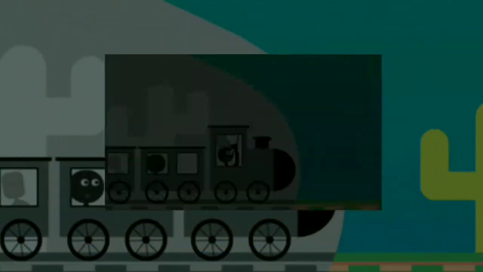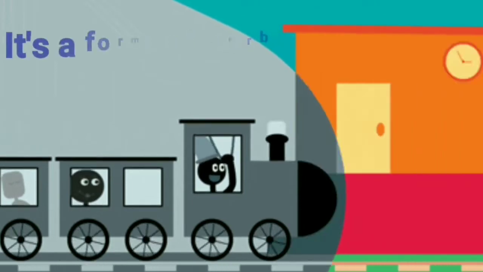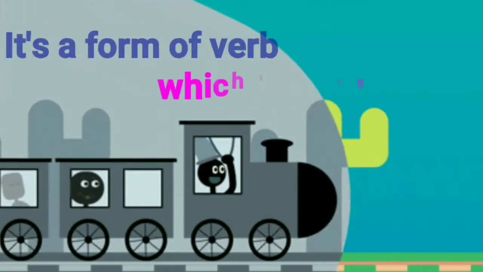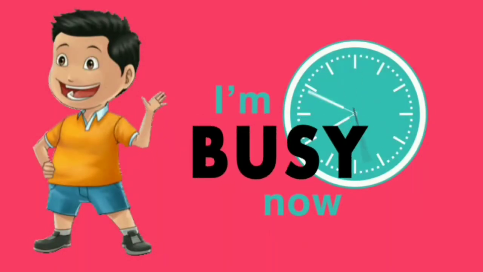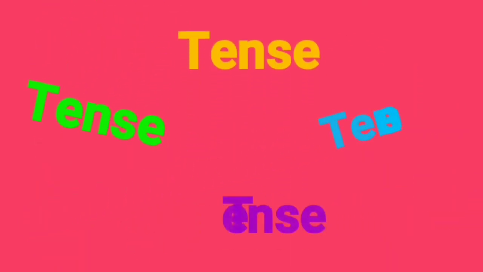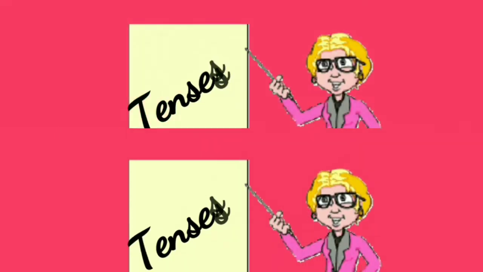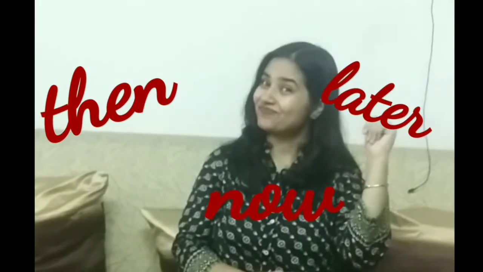Dance, dance. It's a form of verb which tells us about the time. The past is then, the present is now, the future is for later.